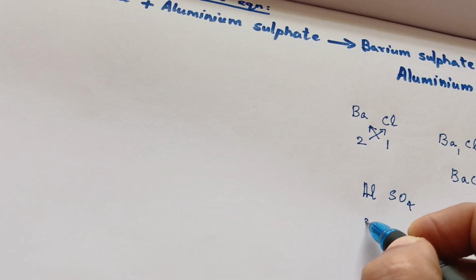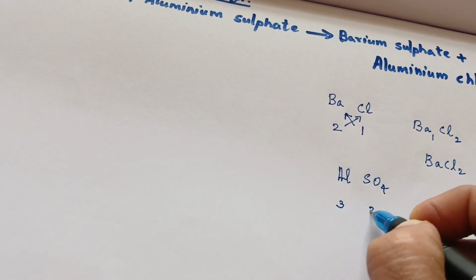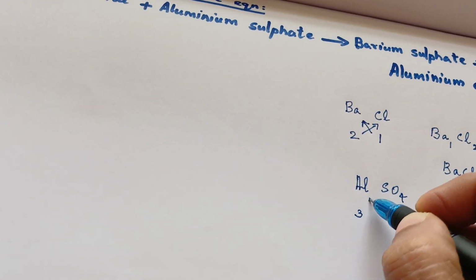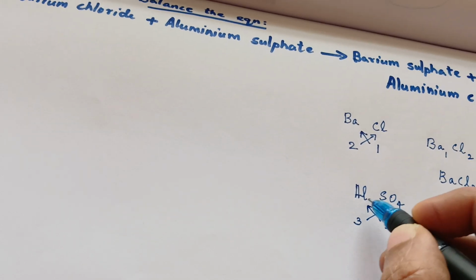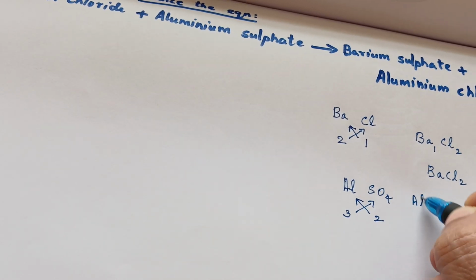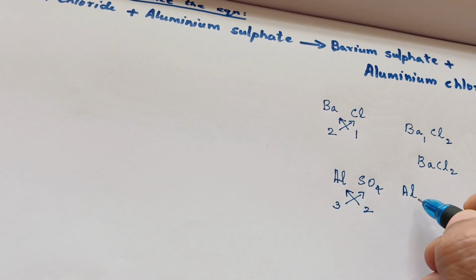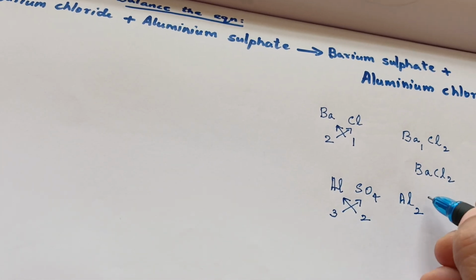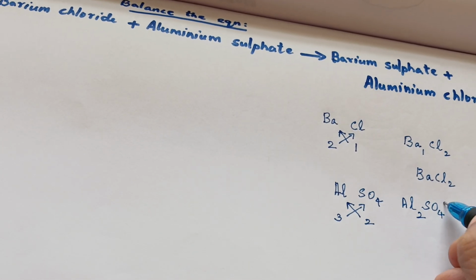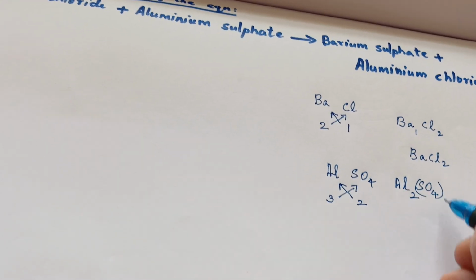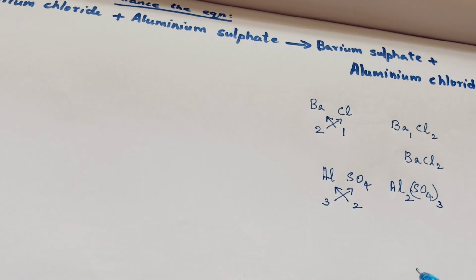Aluminium has a valency of 3, sulfate has a valency of 2. Interchange their valencies. Now you will get Al, this 2 of sulfate will go to aluminium, Al2 SO4, and the 3, the valency of aluminium, will go for that: Al2(SO4)3.